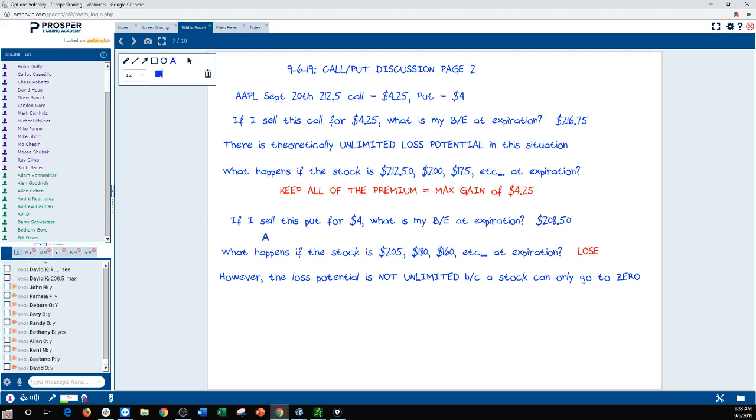Okay, now what happens if the stock is 212.5, 220, 230, etc. at expiration? If it's above the strike price, what happens?